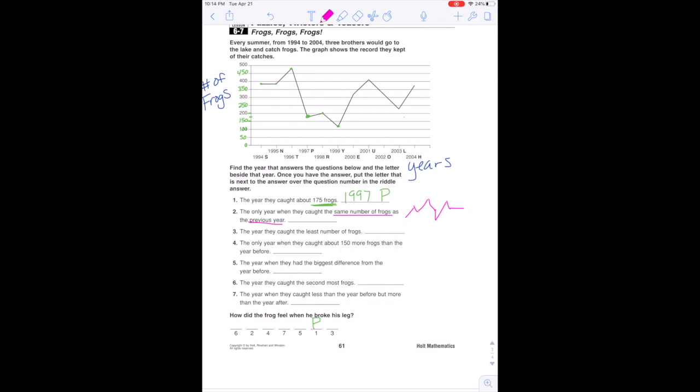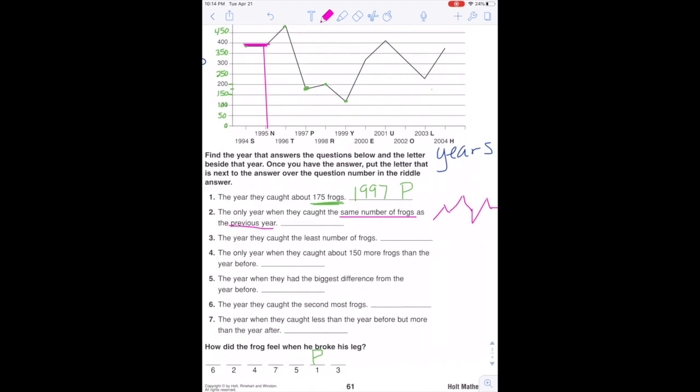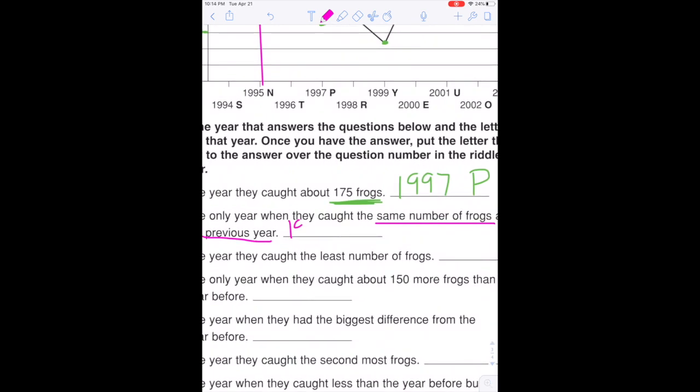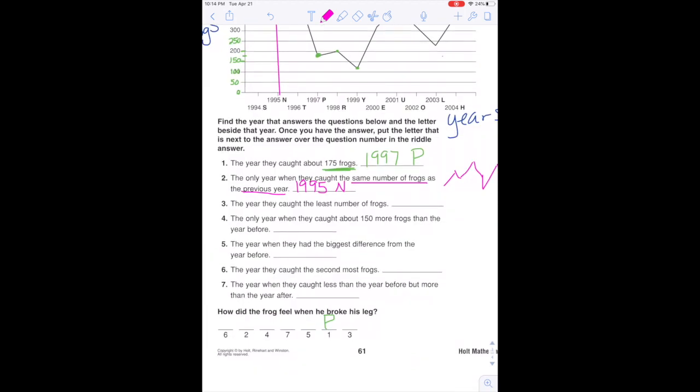So we're going to try to find in the graph where there's a spot that goes flat across. And I'm noticing right here, I see it go flat across. So we're going to trace down from there, and we found out it is 1995, letter N. So where number 2 is, I can put the letter N.